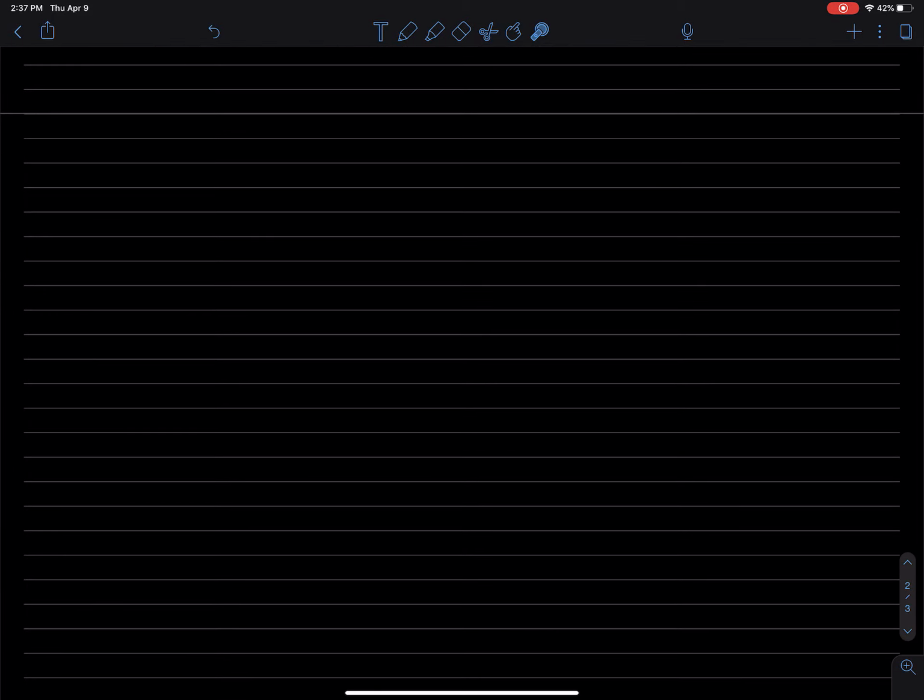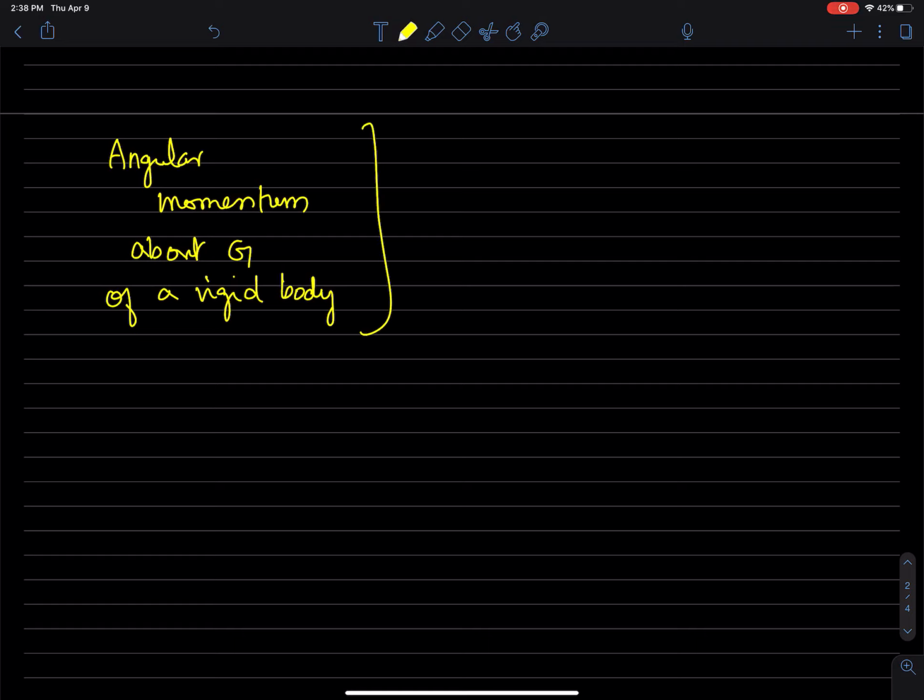And then angular momentum, again about some point, but let's first do about G, the center of mass of a rigid body, is basically I_G omega k in 2D.